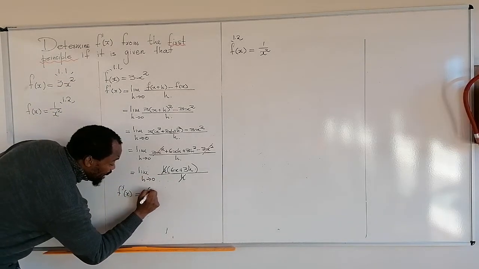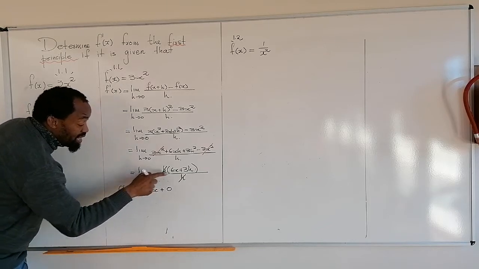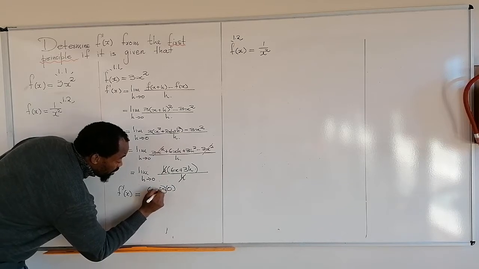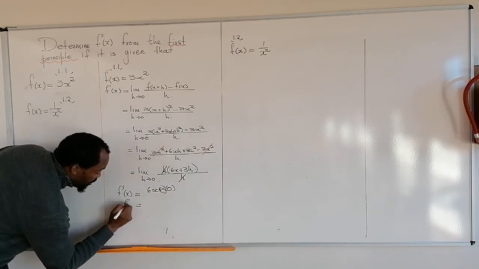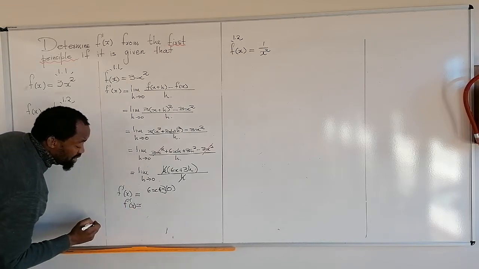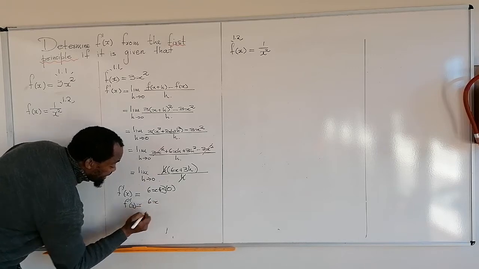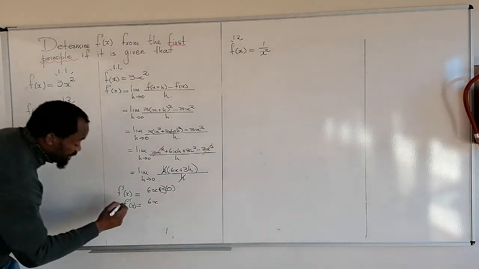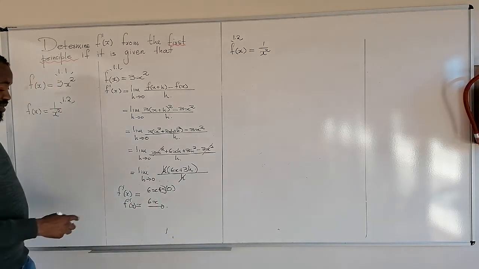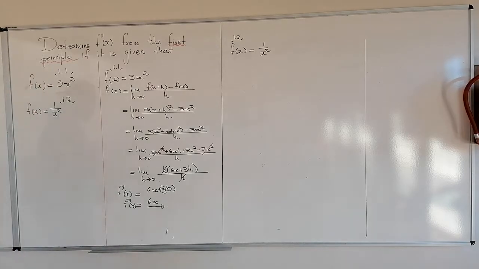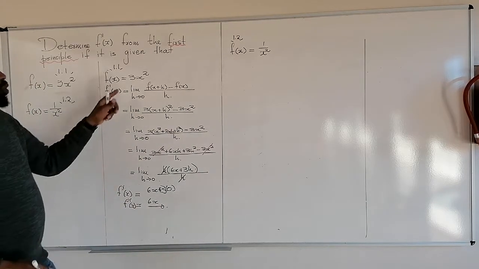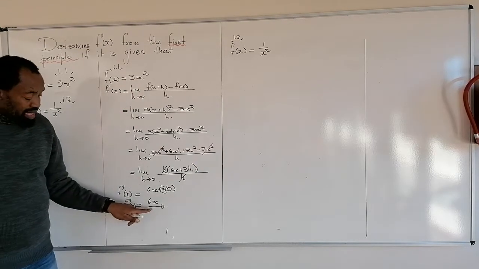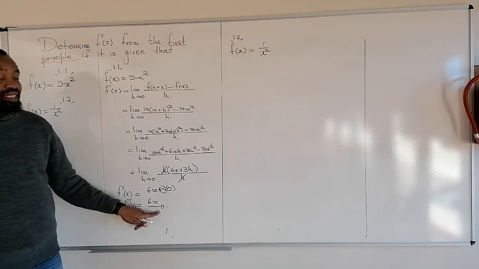I can substitute 0 now there, which is going to be 3 times 0. Now, the derivative of f with respect to x is 6x plus 0, because 3 times 0 is a 0, which is 6x. What does this mean? That means that everywhere in this function, f of x, the gradient is 6x.